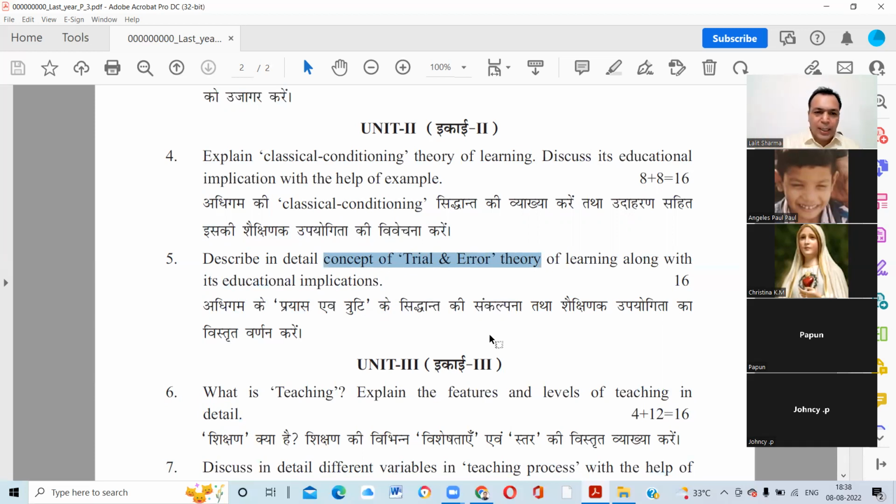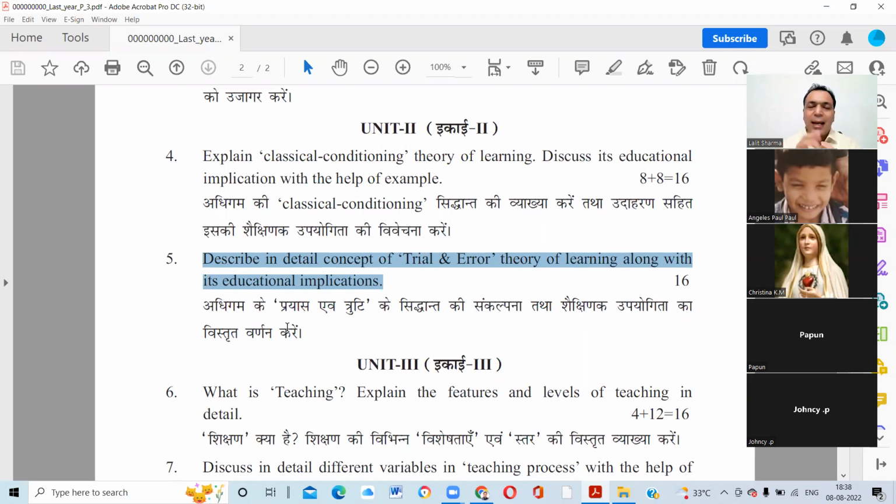For example, please see question number 5. In this question, what you have to write? It is talking about: describe in detail the concept of trial and error theory of learning along with its educational implications.